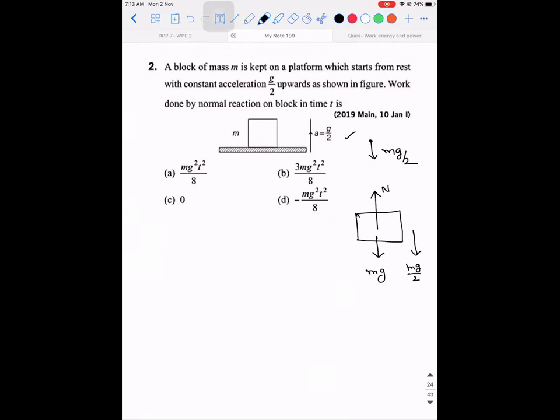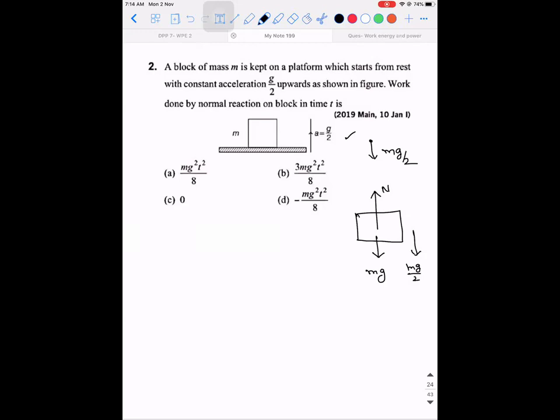First thing is work done by which force? If you know that answer, the second question you're supposed to ask is whether the force which is doing that work is a constant or variable.